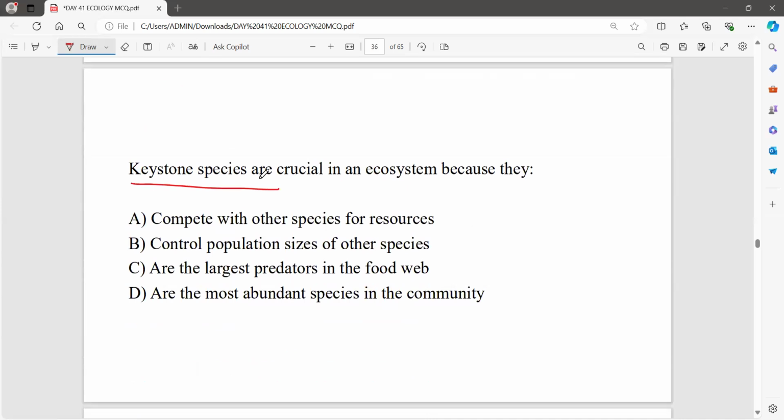And a keystone species is crucial in an environment because they compete with other organisms for resources, control population size of other species, or are the largest predators in the food web, or the most abundant species in the community. See, these are the keywords: the most abundant species, largest predators, control the population size, compete with other species.